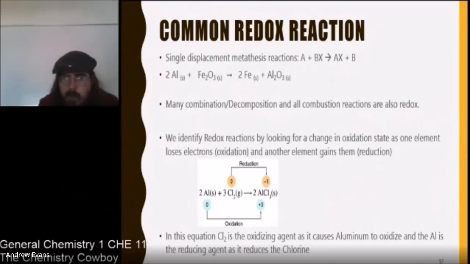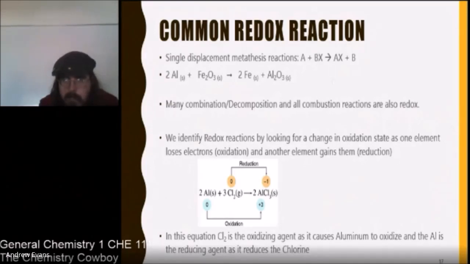Rule 1 on determining oxidation number is all elements are inherently zero. So aluminum has an oxidation state of 0. Iron has an oxidation state of 0. The iron in iron oxide turns out to be 3+.